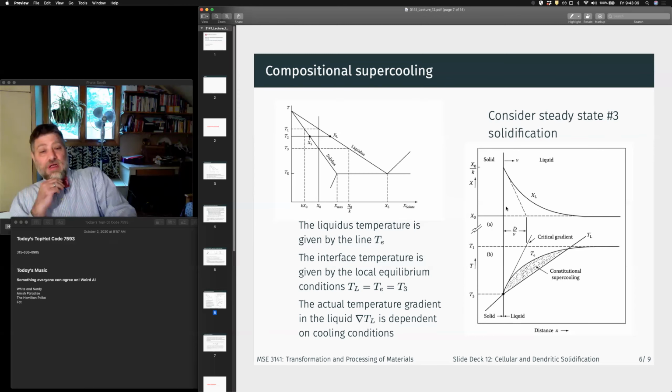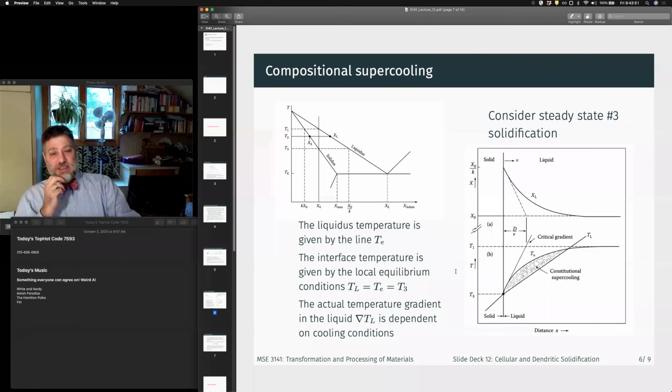So everywhere at the interface, the temperature has to be given by our equilibrium temperature. At the interface, local equilibrium still has to hold, so we're going to be freezing at the temperature given by the solidus and liquidus lines.